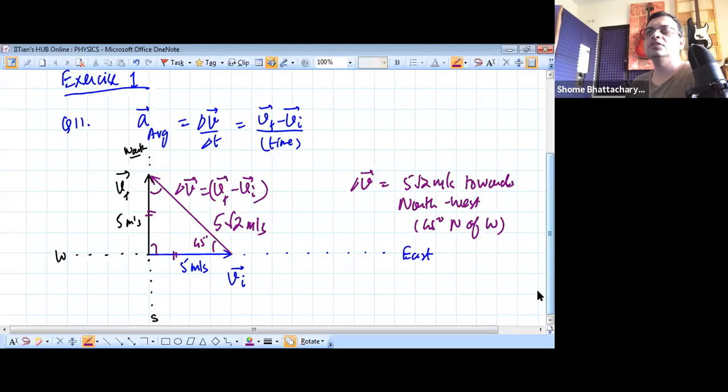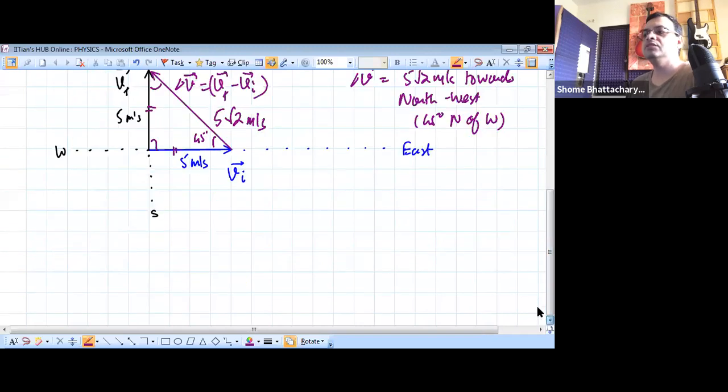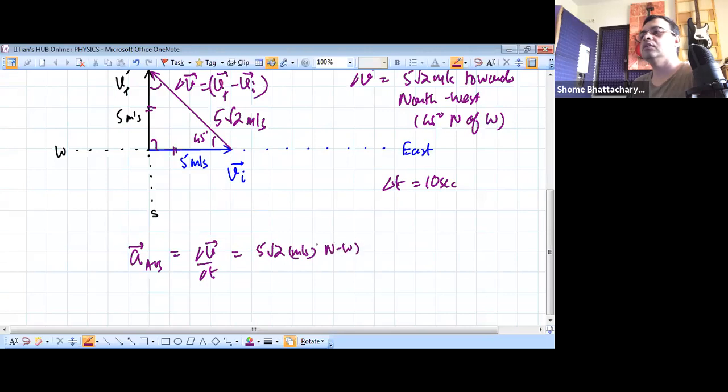Once you understand the change in velocity, you just divide it by the time interval, which is given as 10 seconds. So the average acceleration is change in velocity upon change in time. It becomes 5 root 2 meters per second northwest divided by 10 seconds.